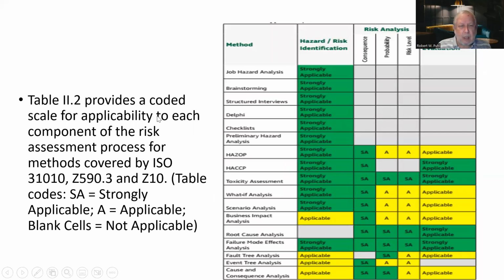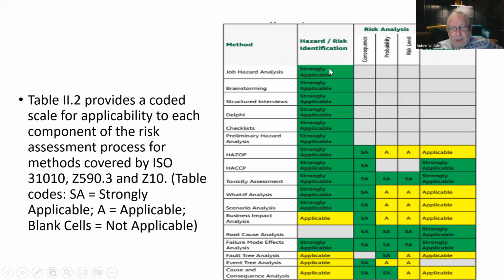So Table 2 provides a coded scale for applicability to each component of the risk assessment process for methods covered by ISO, these 3 we just talked about. It says strongly applicable is in green, applicable is in yellow, and not applicable is blank. So here's all the different methods, and here's whether they're applicable to these different areas: hazard risk identification, and then here's your risk analysis, consequence, probability, risk level, and then risk evaluation.